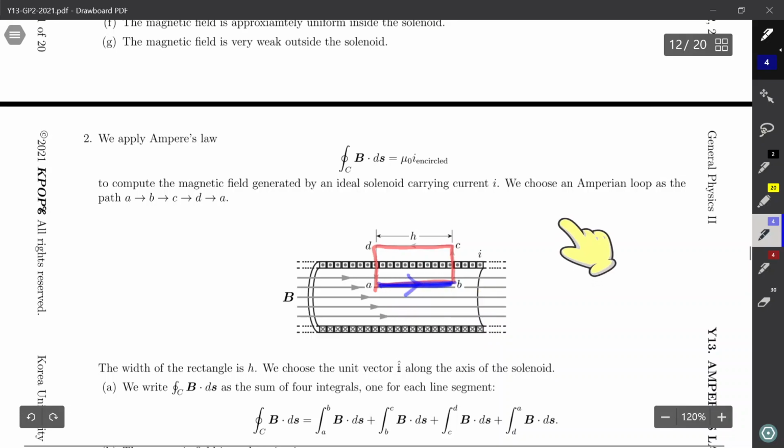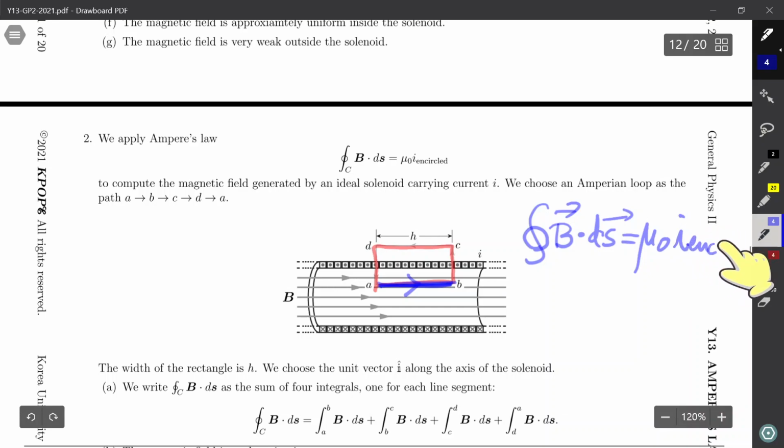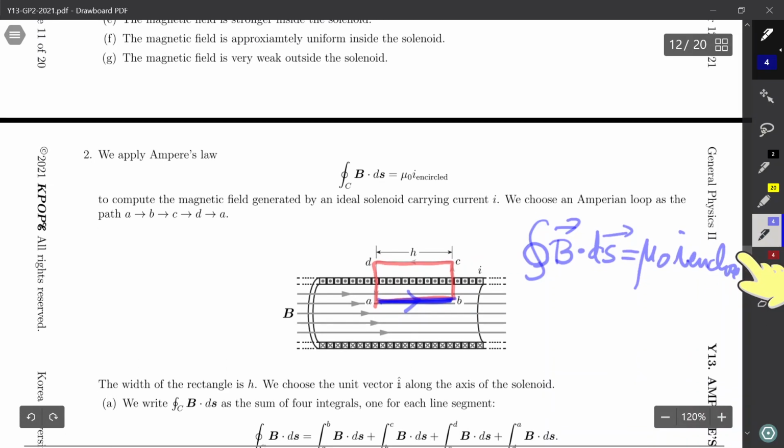So in the integral of B dot ds equals mu 0 I enclosed, all these contributions are vanishing. Only this contribution, B times h, survives.